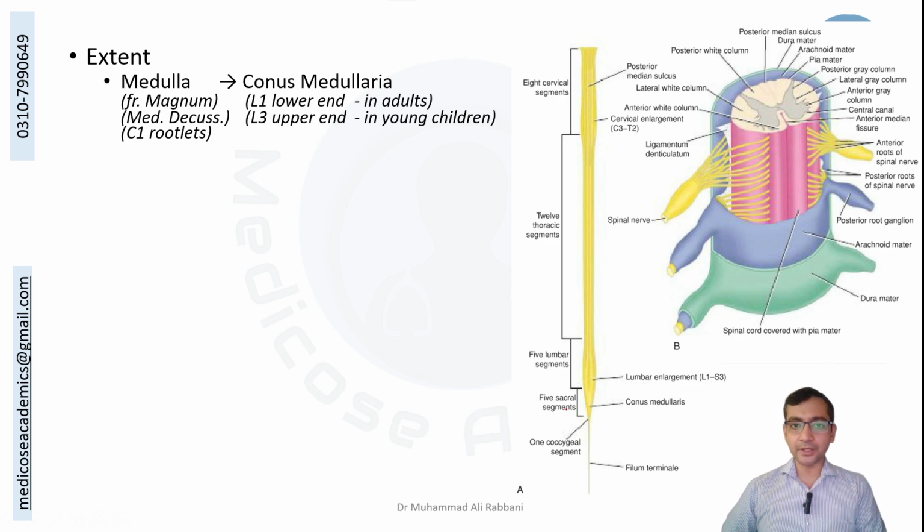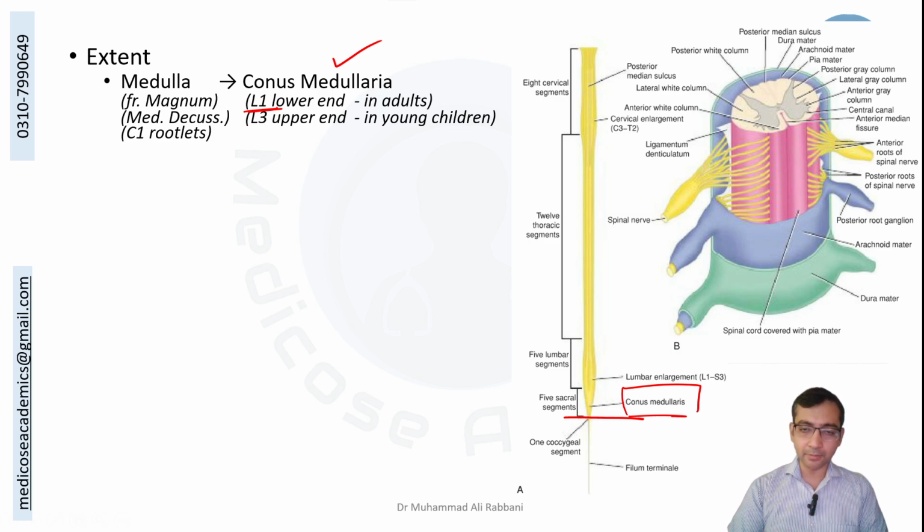And the spinal cord ends at the lower end. That lower end is called the conus medullaris. I have written it here also. The conus medullaris is the lowest most part, and in adults it is in a fairly constant position. It lies at the lower border of the L1 lumbar vertebra, or the upper border of the L2 lumbar vertebra.